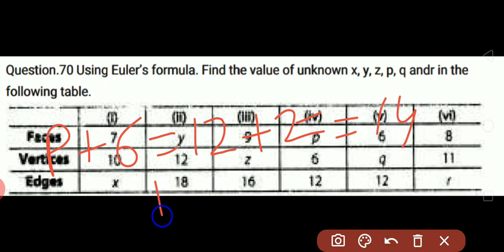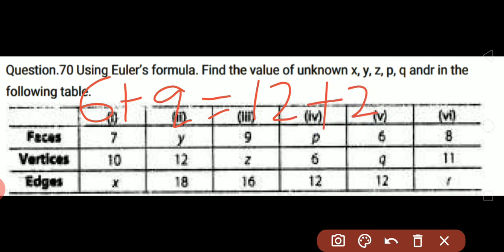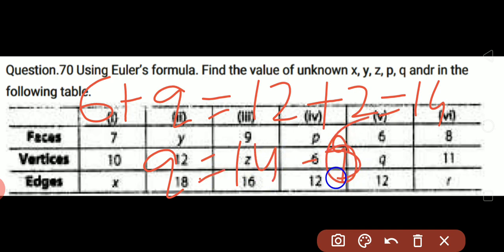Let us come to the fourth part. Faces we have not been given, 6 are the vertices, 12 are edges, and when we add 2, 12 plus 2 is 14, and p equals 14 minus 6, that is 8. So let us come to the fifth part. Here we have been given faces 6, vertices q, edges 12 plus 2, 12 plus 2 is 14, so q equals 14 minus 6, this is also equal to 8.